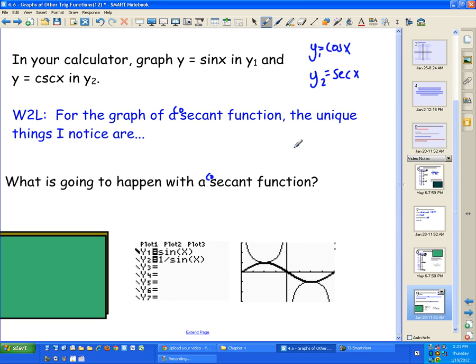Remember, my x values were from 0 to 2 pi, and my change in x was pi over 4, so each one of these is counting by pi over 4. Then I went from 0 to 3 in my y values to get this graph. If you want to get a replica of this graph, you can.